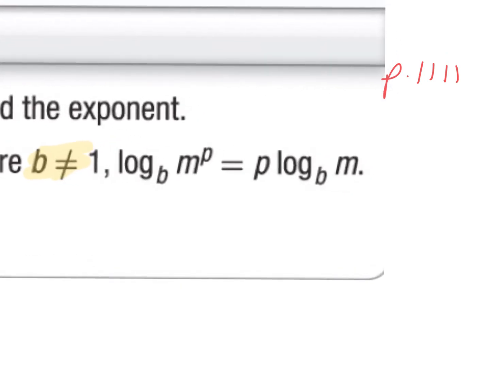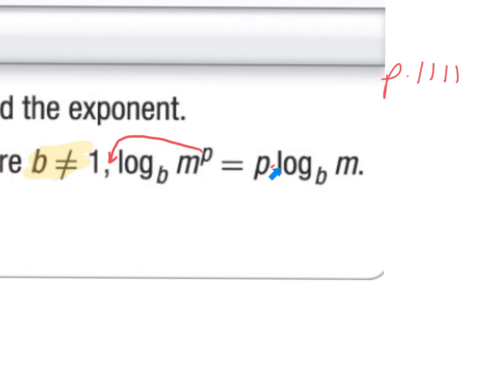Here's what the power property really is. If I have a log and the number is raised to a power, I can basically take that power and bring it to the front, and then it gets multiplied by the log. So when we think about power to a power, I have a logarithm with another power in it.